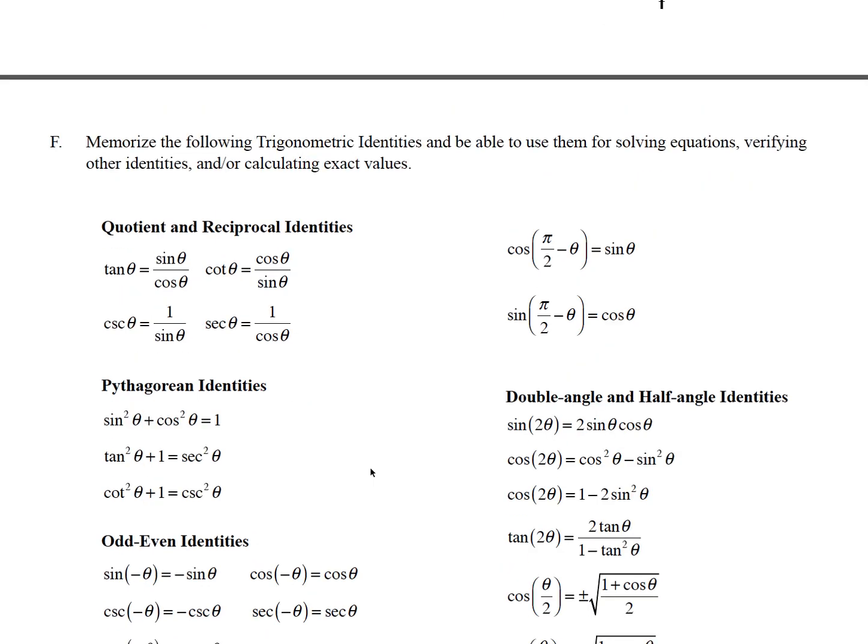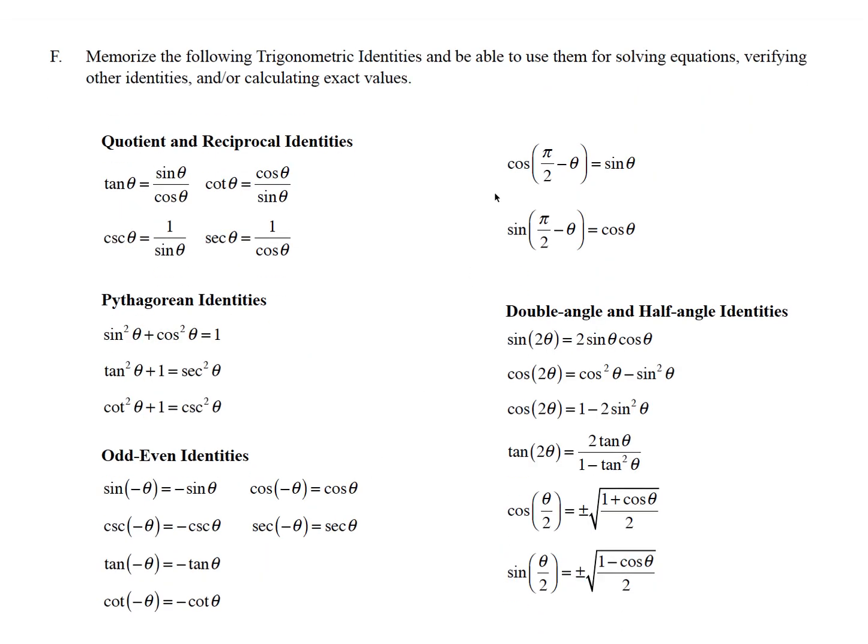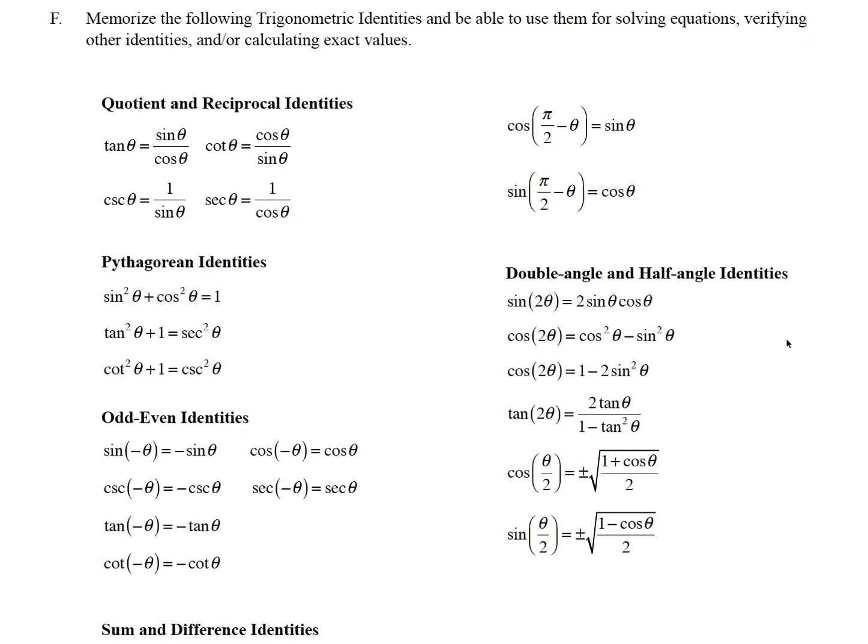And then we have this property that is basically saying that these two functions, sine and cosine, are really the same function, just shifted pi over 2 one direction or the other, which was an exam question last time. Then we have the double and half angle identities.